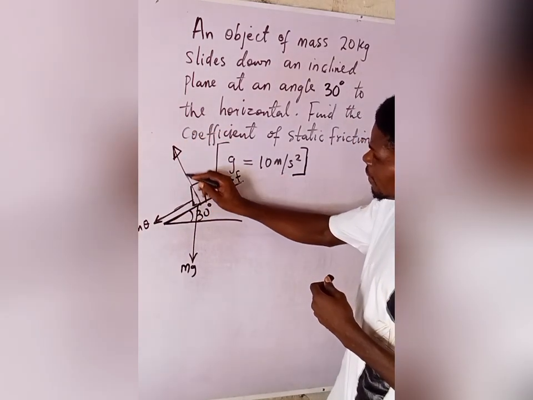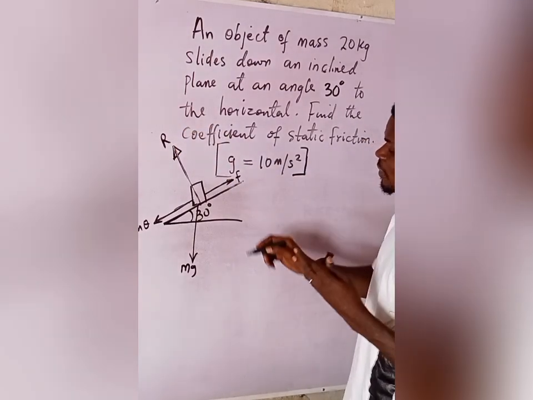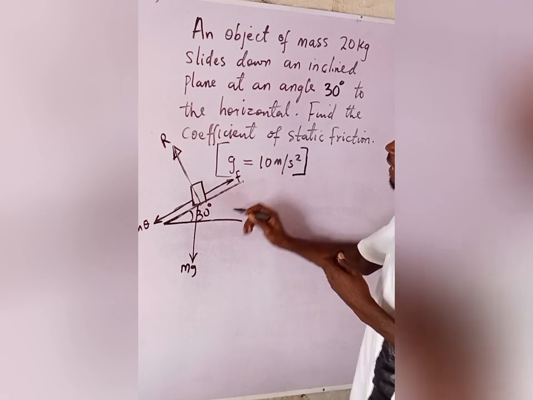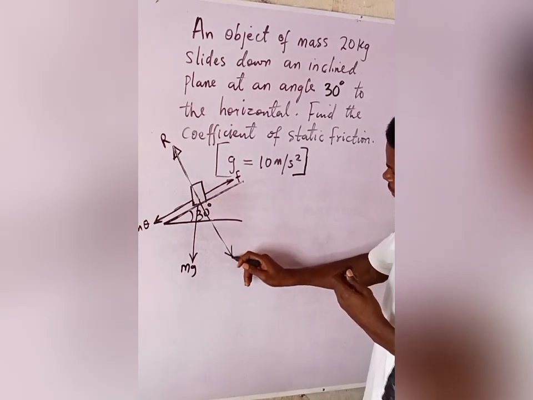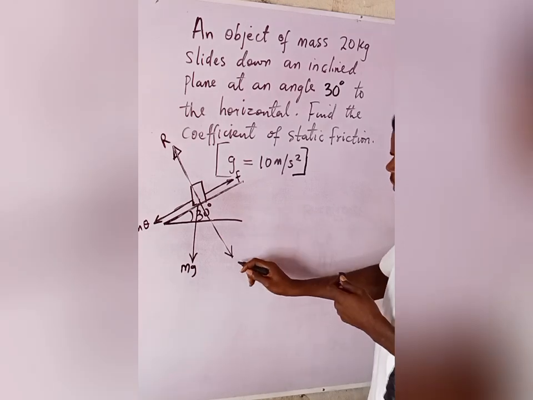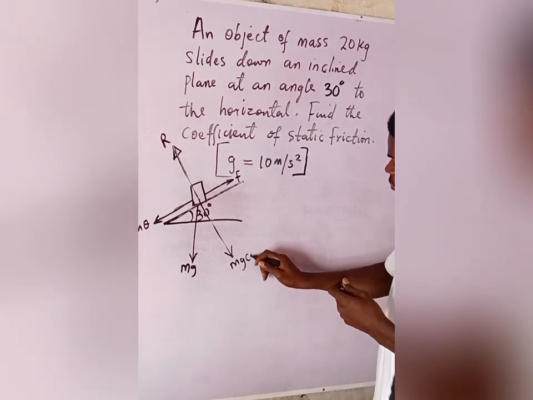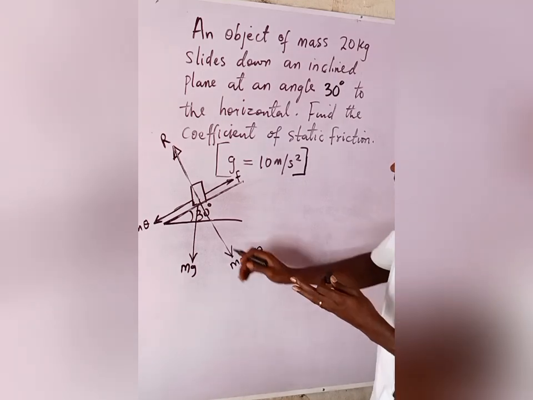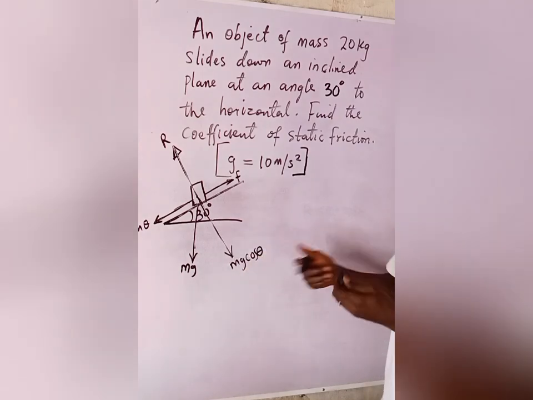This force here is the normal reaction R. The normal reaction is always perpendicular to the plane. And then we have the force acting directly opposite to that normal reaction, and this force is given by mg cos theta. That is the component of this weight along this direction, mg cos theta.